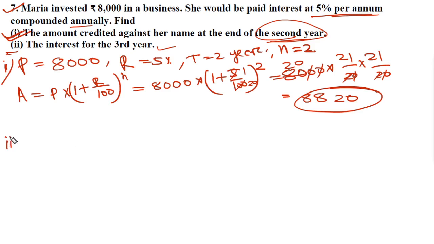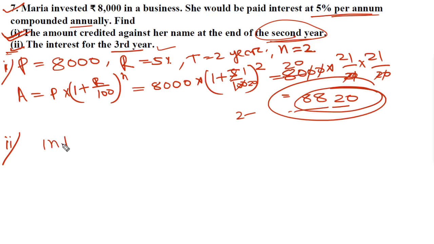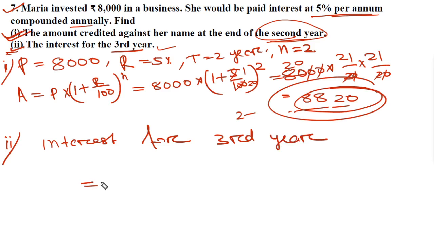Now we will move to the second part. So what we need in this part? Interest for the third year. So the amount for 2 years is 8,820. Interest for the third year, so we will find interest for the third year, which means only 1 year, is equal to 5% of 8,820, so 8,820 into 5 by 100.